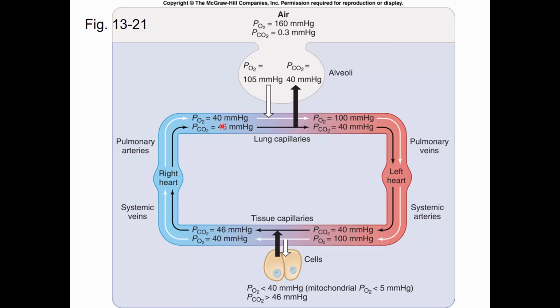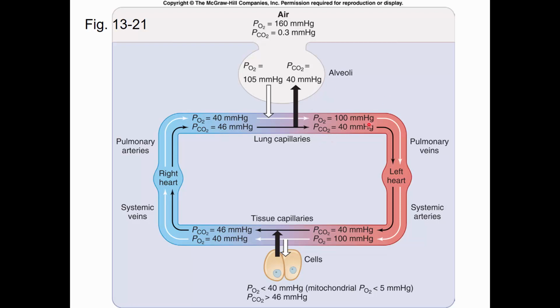When this exchanges with the venous blood, we've got a PO2 of 100, a PCO2 of 40. Notice the 5 millimeter of mercury difference. That difference occurs because of inequities in ventilation and perfusion relationships, and we'll talk about that in the next video lecture. We won't talk about that yet.